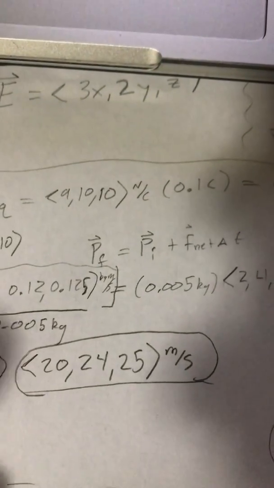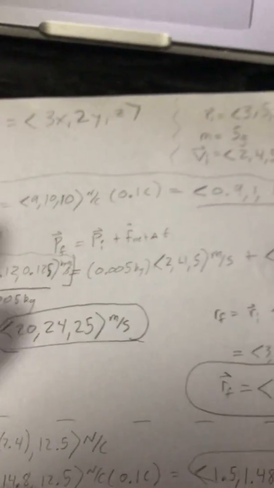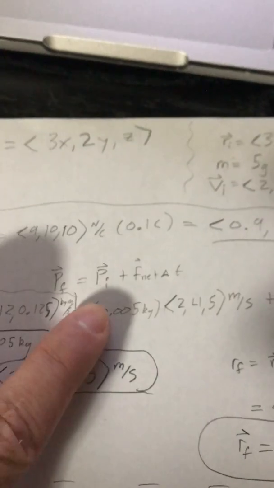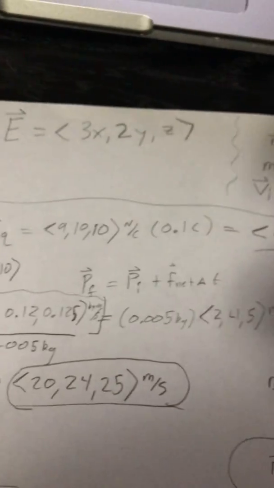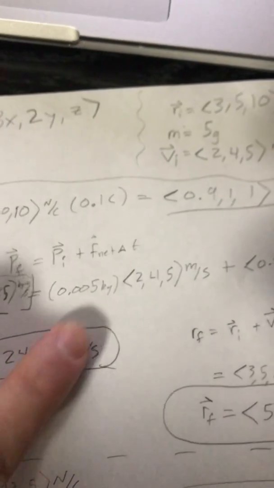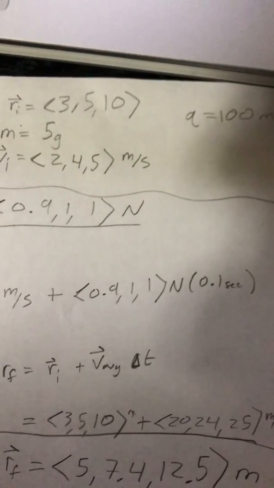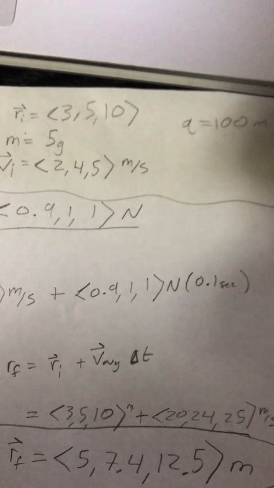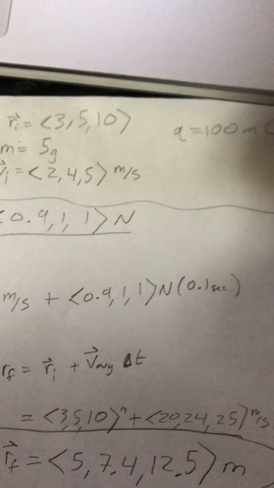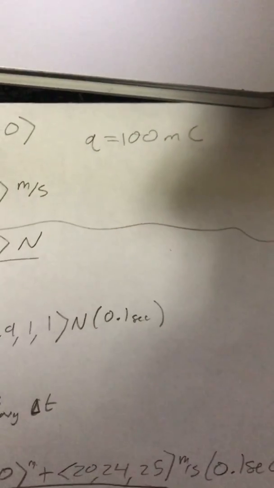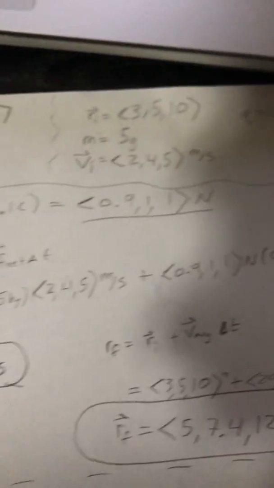And then to update the momentum, we use our initial given velocity and multiply by the mass of the particle to find our initial momentum, which we use the momentum principle to add this momentum initially plus our net force that we calculated from the electrical field, and multiply that times our change in time, which is going to be 0.1 seconds for each iteration.